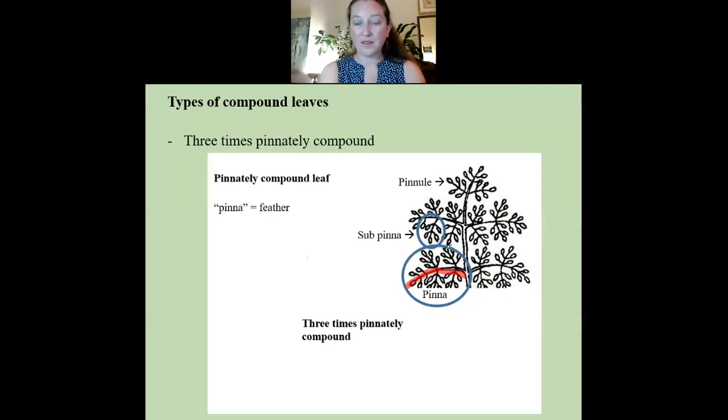And then the second division is the stem coming off of the stem. And then the last division is the little pinnules. So in the case of a 3 times pinnately compound leaf, the largest division is considered a pinna. Second largest is called a subpinna, and then again, the smallest thing is a pinnule.